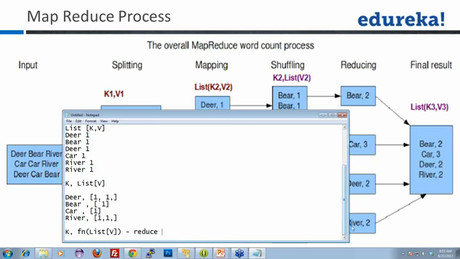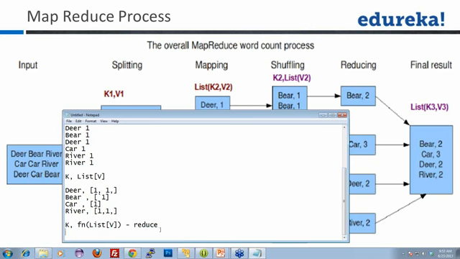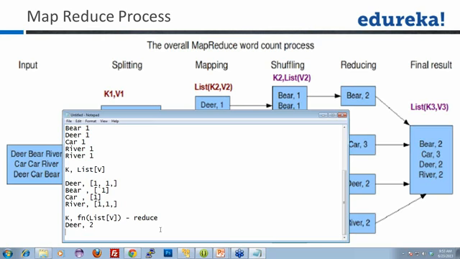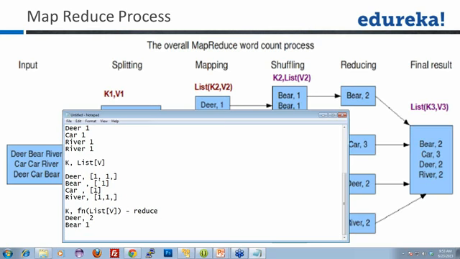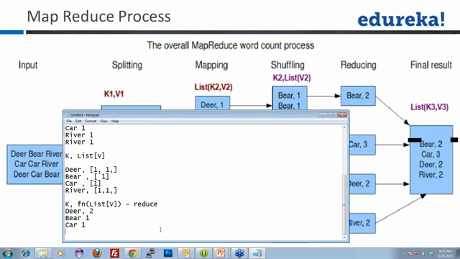In this case, this function is summation. So if this function was sum, then what you get is deer 2, bear 1, car 1, river 2, right? This is what you get on applying this function.